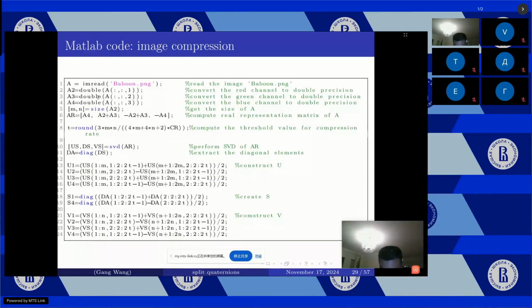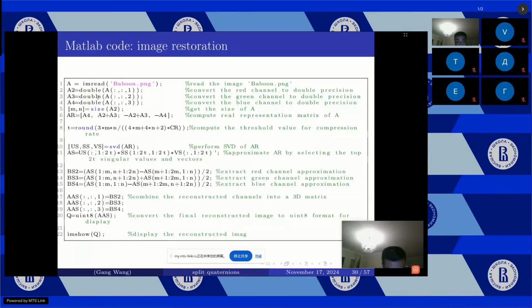Consequently, we can easily calculate the appropriate integer value for T using equation 4.2. For image reconstruction, we only need to approximate the original image by combining the rank 1 components after color image decomposition.